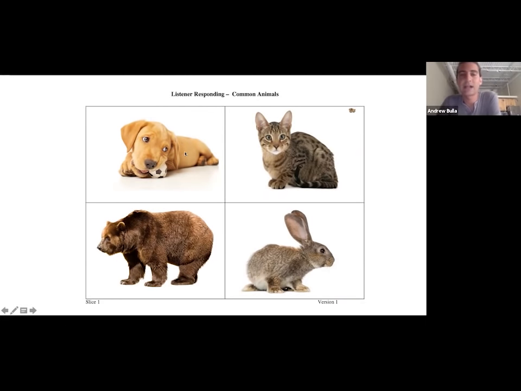I might start a timing, say, please begin, and say cat, and they point. Dog, cat, dog, bear, rabbit, dog, rabbit, cat, bear, rabbit, dog, cat. And they're able to freely go through and touch the item, the corresponding animal, as I'm following their instructions.